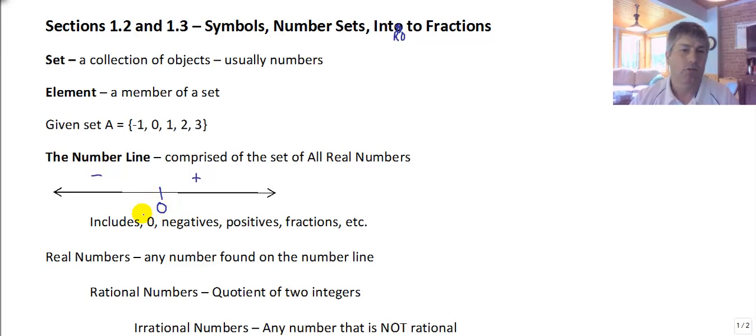And it includes your whole numbers, your integers, your fractions, rational numbers, irrational numbers. All those numbers are on the number line. So numbers like pi or the square root of 5, they're all on the number line somewhere, and they have just as much right to the number line as numbers like 1 and 2 and -1 and -2 and so on.